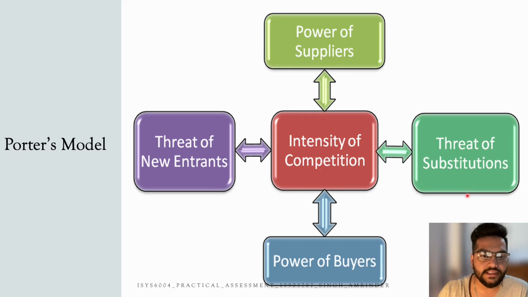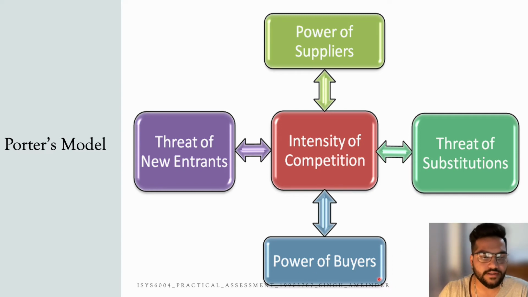Like if one company is selling tea, their substitute is coffee sellers. So an increase in the sale of coffee can lead to a decrease in the sale of the tea maker. So this threat of substitutions is very important, and by using this model, organizations will be able to find this threat and give solutions.